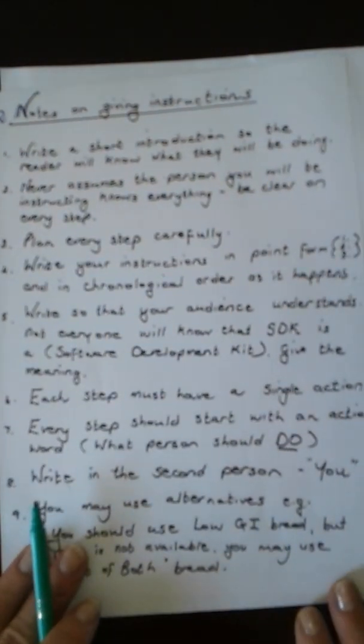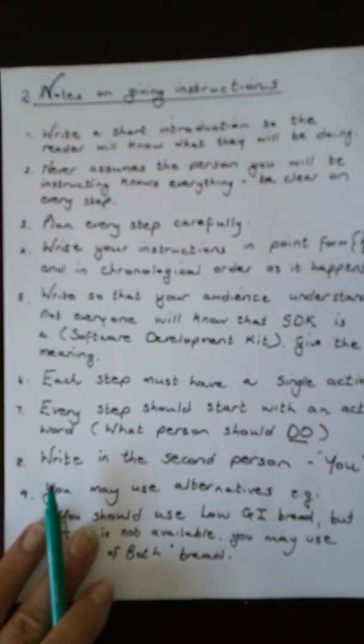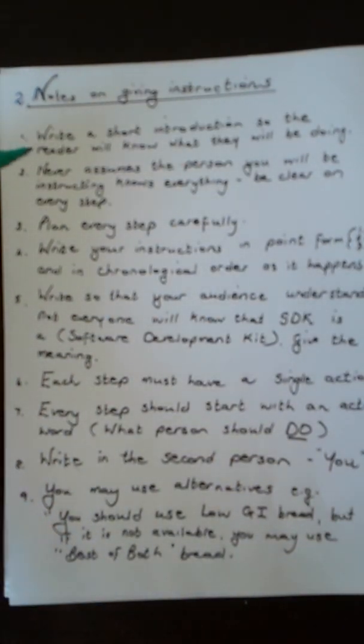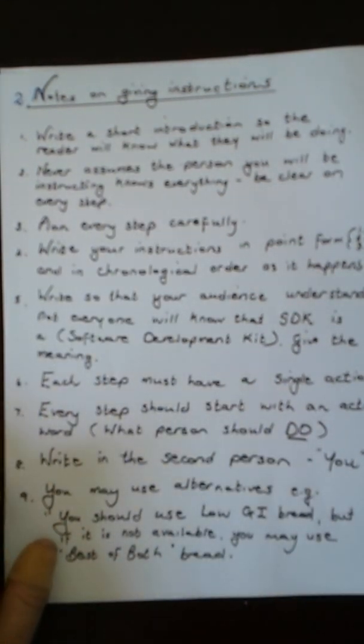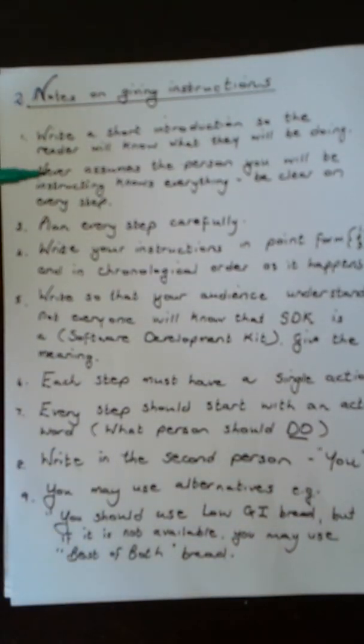Right, notes on instructions. How do I go about it? First of all, write a short introduction in the beginning so that your reader will know what they are going to be doing. What instructions do they need to give? Never assume that the person you will be instructing will know everything.